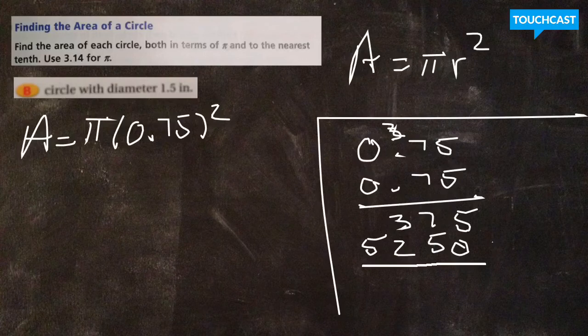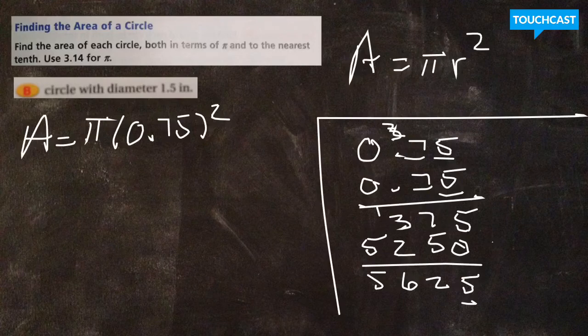We can now add these. 5, 12, carry the 1, 6, 5. So we had 4 numbers follow a decimal, which means we need 4 numbers to follow a decimal in our answer.